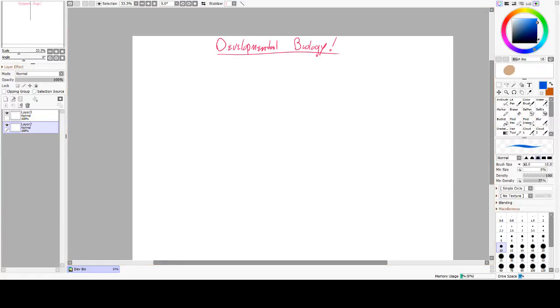So now we're getting into some a little bit more interesting stuff here. I'm going to use my higher stabilizer on this. So we now have our developing embryo. There's the notochord.